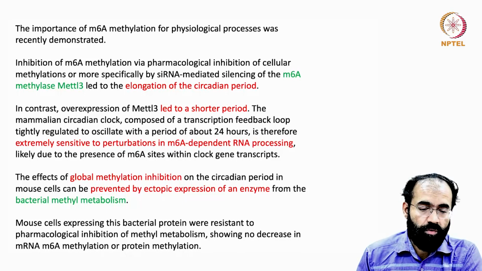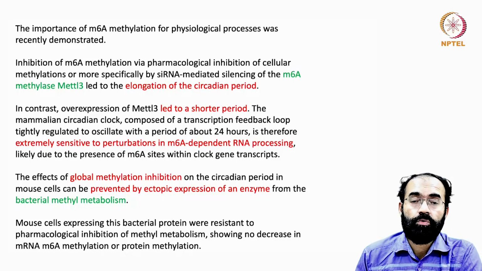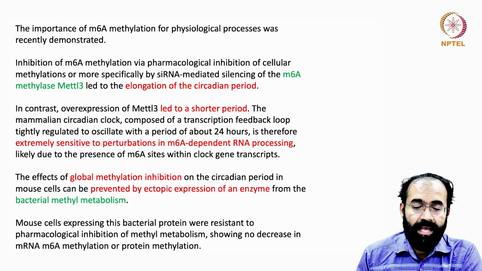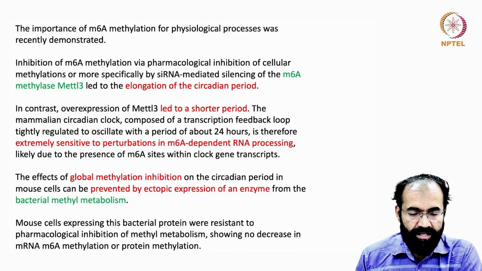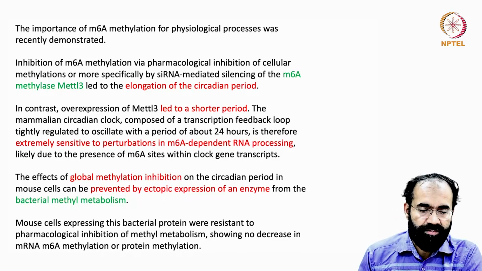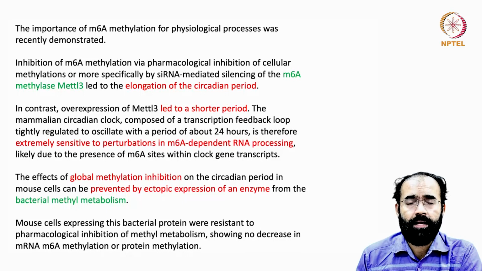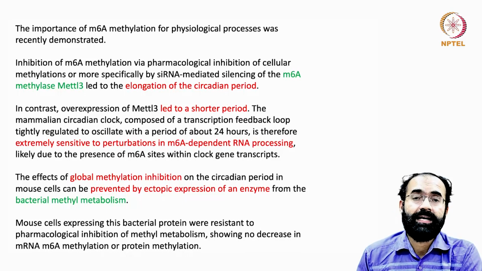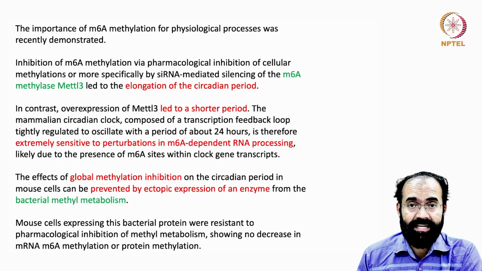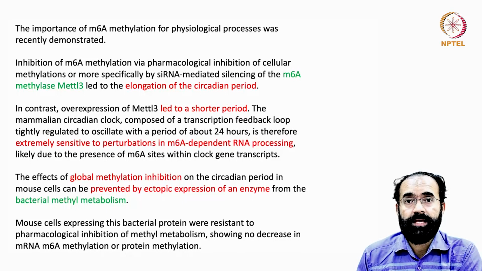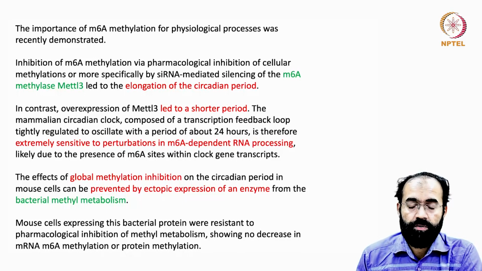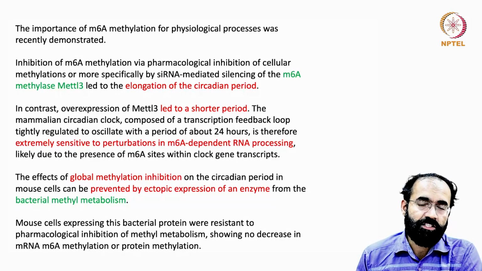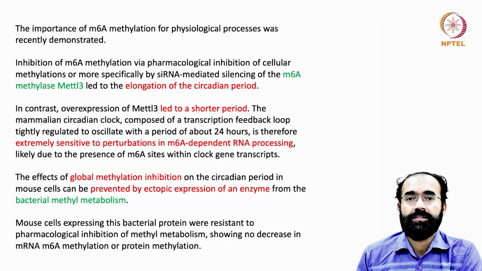It is therefore extremely sensitive to perturbations in M6A-dependent RNA processing. So the downregulation or overexpression of these methylases does exactly as predicted: it will disturb the circadian rhythm. The downregulation of methylases prolongs your circadian rhythm, and overexpression of methylases reduces it.